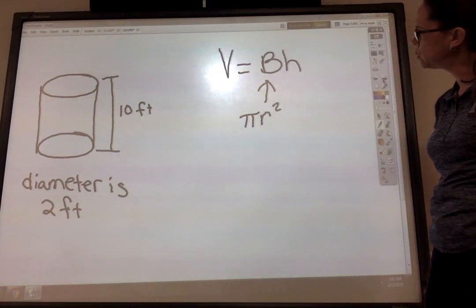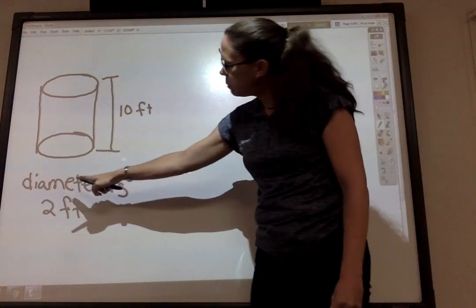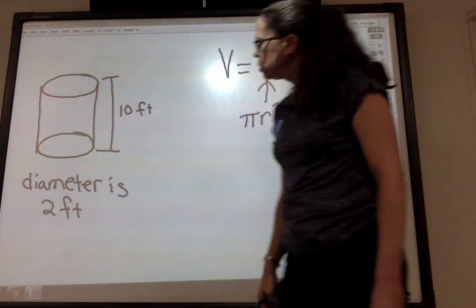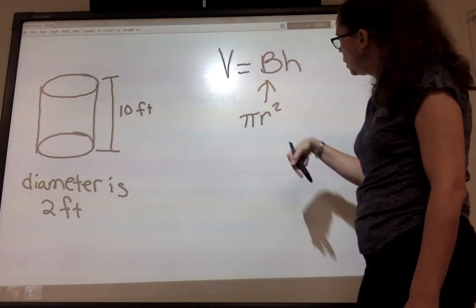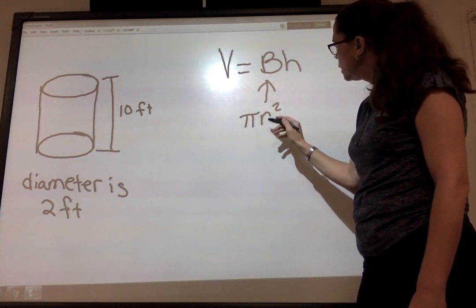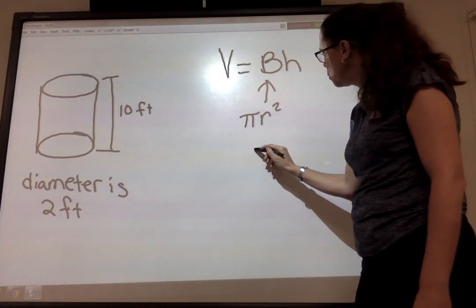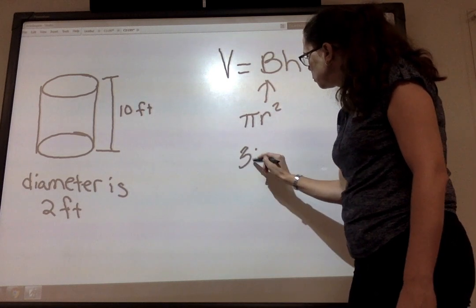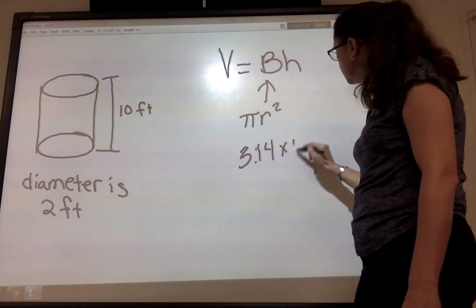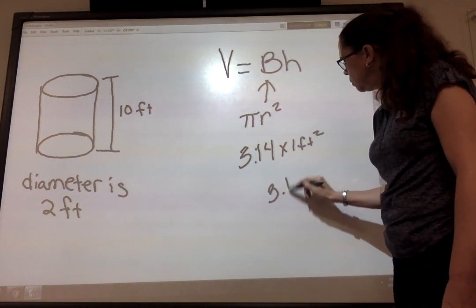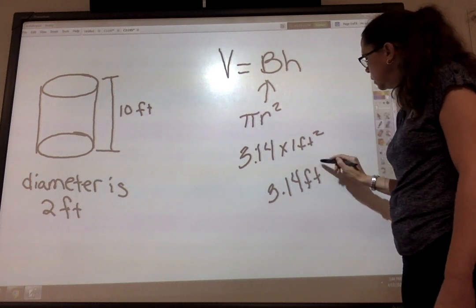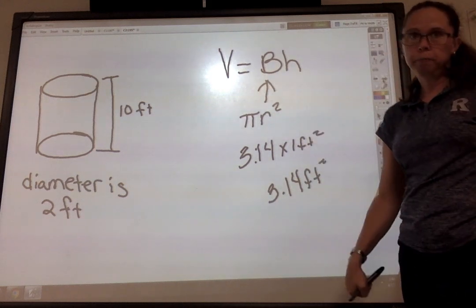It tells me that my diameter is 1 foot, so the radius is half of that, which is 0.5. Radius squared is 0.5 feet squared. Then 3.14 times the radius squared gives me the area for capital B.